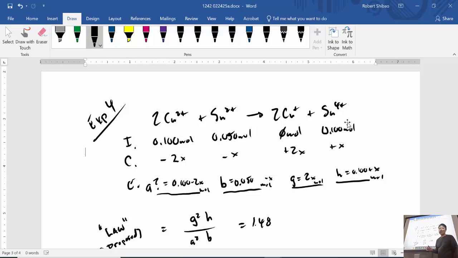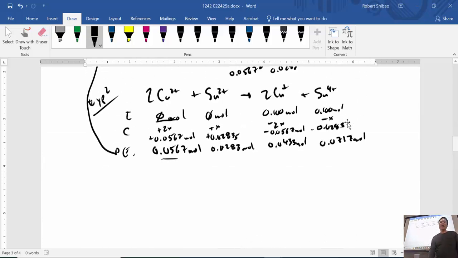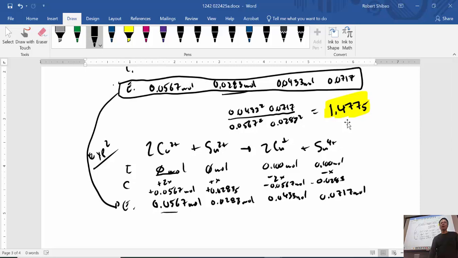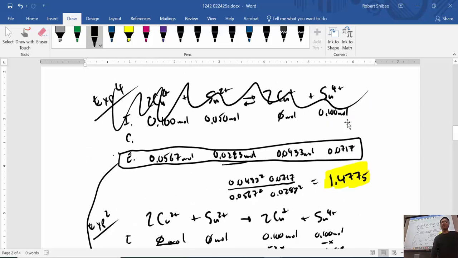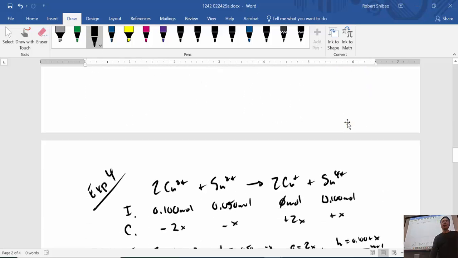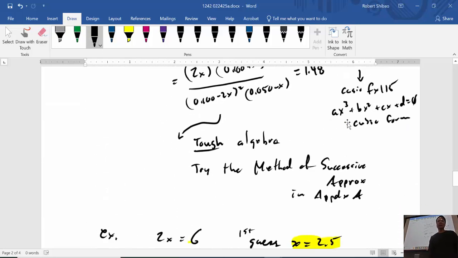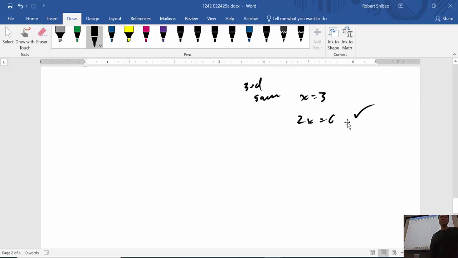And so what we're going to do is just guess an x. Well, when we look at the ratio, it's 1.5, so it looks like a little bit more product than reactant. All these look like there's kind of a balance between product and reactant. So we're just going to come up with some kind of guess between 0 and 0.05.